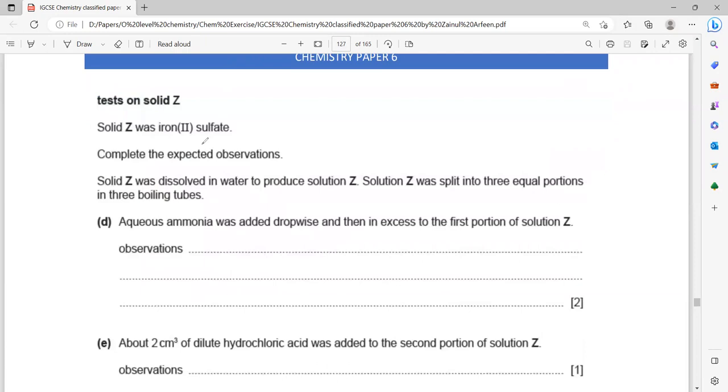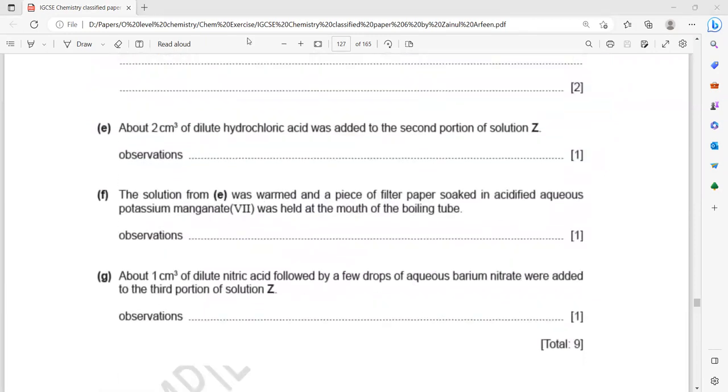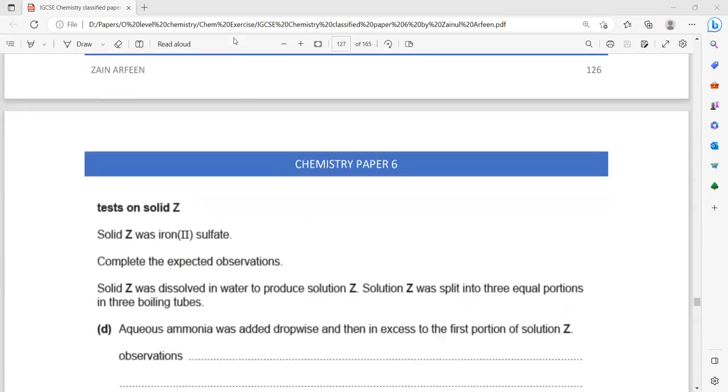So it will give a white PPT because sulfate is there. If it was sulfide, G would be no change. If we consider that it was iron 2 sulfide, then what we did, I thought the question was about sulfide, not sulfate.